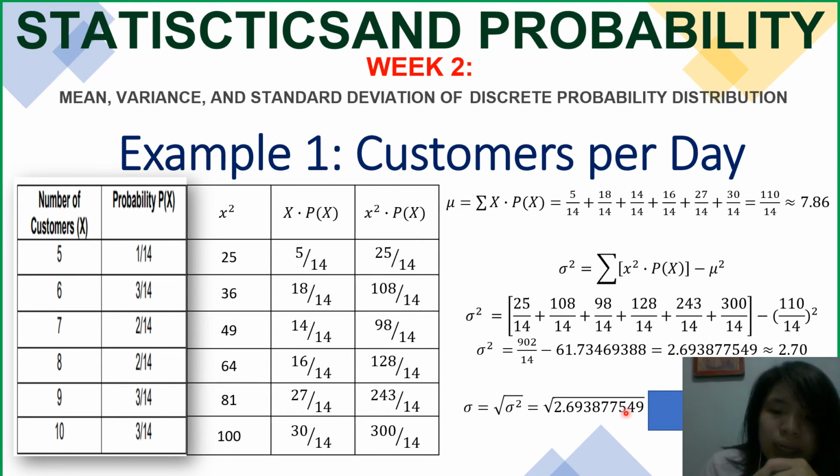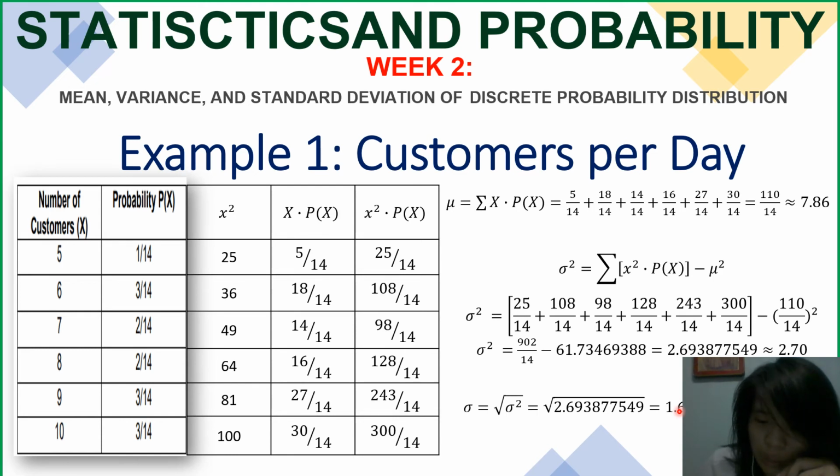And our variance here, the exact answer, is 2.693877549. I did not get the square root of 2.70 para makuha pa rin yung exact answer natin. So, na-block yung ating screen. So, I'll just insert it in my calculator.